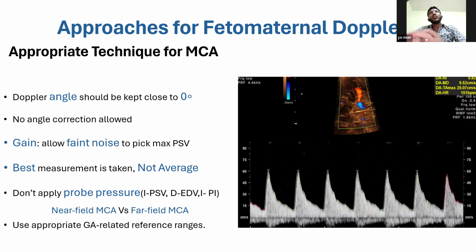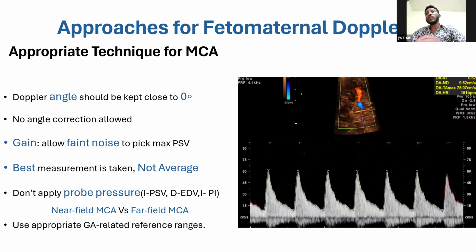I said that qualitative assessment is not that important with the umbilical artery, but in the middle cerebral artery, especially when we talk about fetal anemia, you should map the peak systolic velocity as accurately as possible, okay? So the Doppler angle should be kept close to 0.